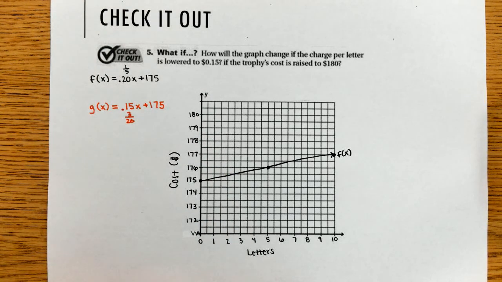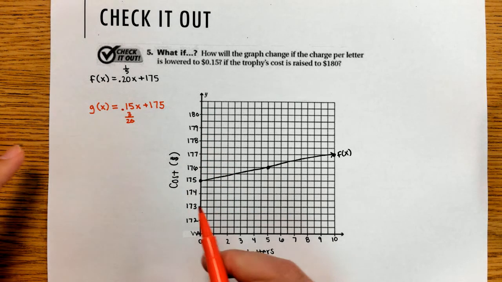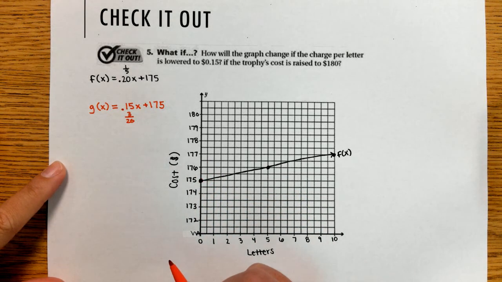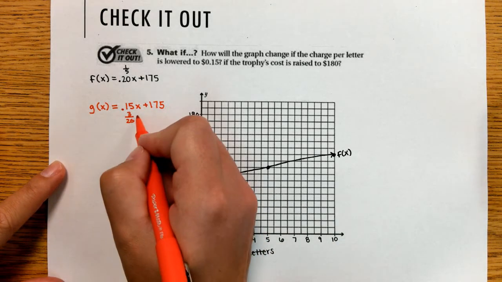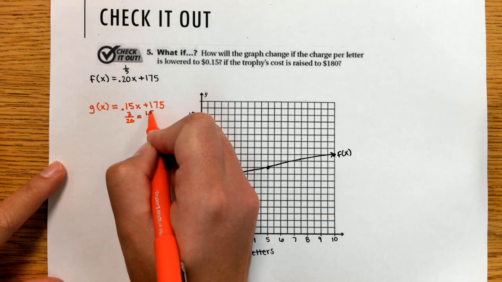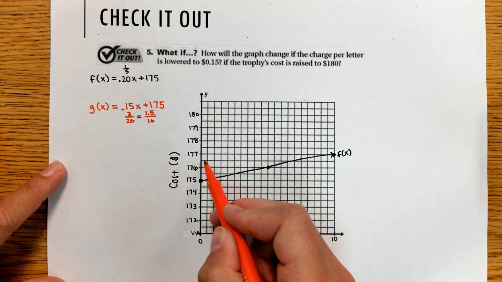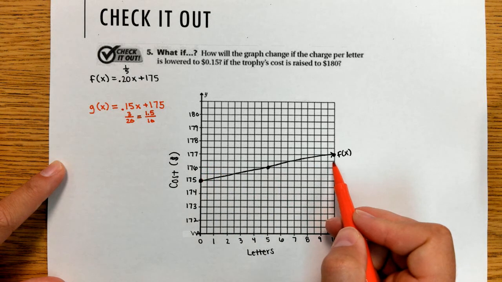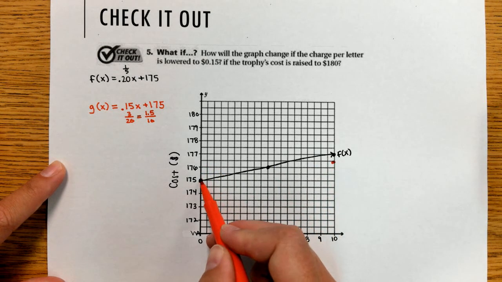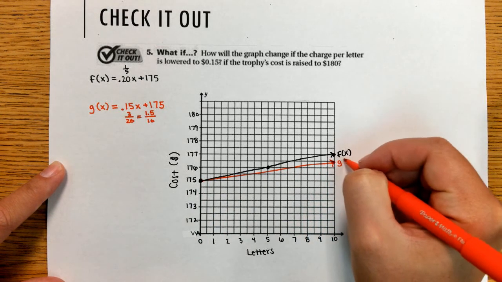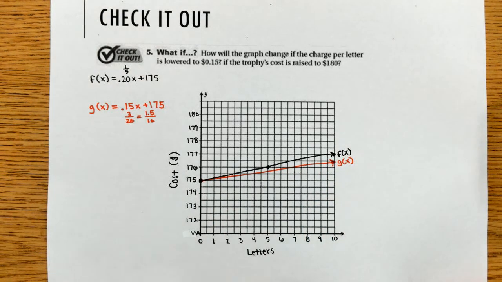So here I'm starting at 175, and then I'm going to go up 3, right 20. But I don't have 20 down here, so I'm just going to split this in half. So this is going to be 1.5 over 10. So I'm going to go up 1.5 over 10. So the graph will look something like this. So g of x is a little bit less steep because it's cheaper per letter.